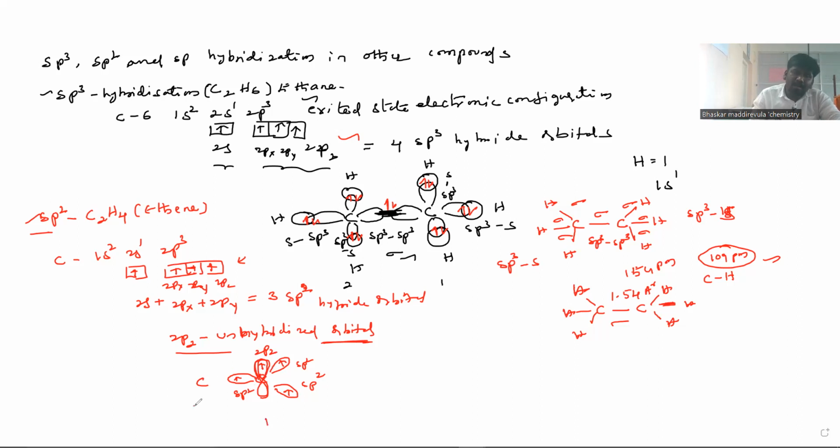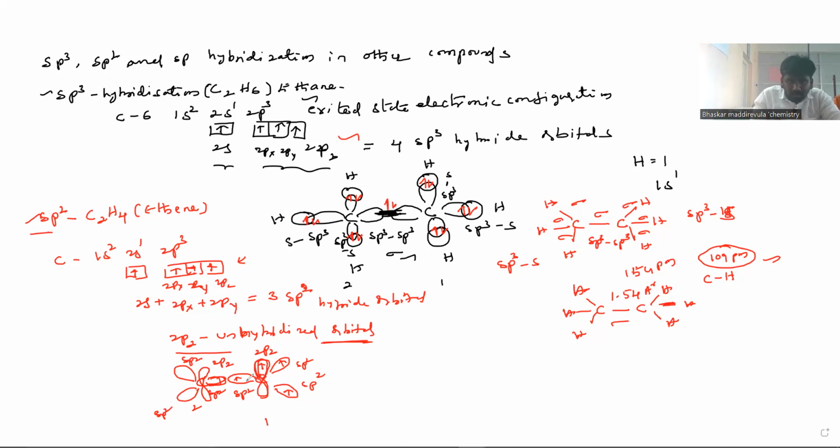Here also there is the same number: these are the sp2 orbitals, and along with them there is an unhybridized 2pz orbital. All orbitals have one half-filled electron.